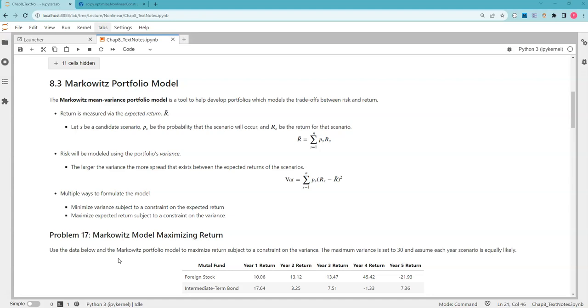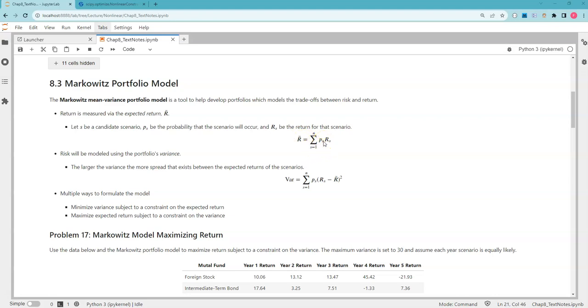You're thinking of a set of possible year scenarios, each of them having a certain return, that'll be our R sub S, and each one of these year scenarios has a certain probability of occurring, that'll be our P sub S. Then to figure out the expected return, you would do essentially a sum product of the return values and the probabilities, and that's what this summation is showing here.